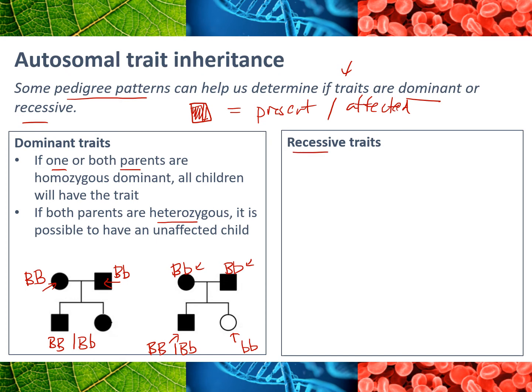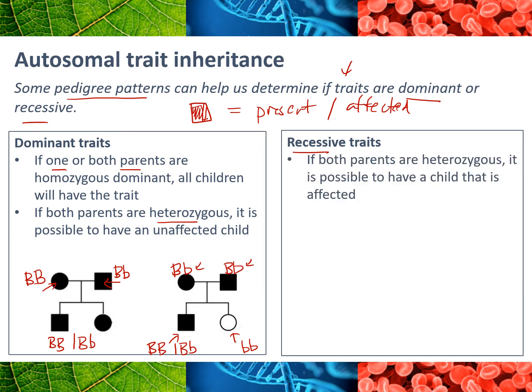When we look at recessive traits, we see different patterns. Like I said, if this was a recessive trait, you could get something that looks the same as the one on the left here. If both of the parents were homozygous recessive, all of the children would also be homozygous recessive.